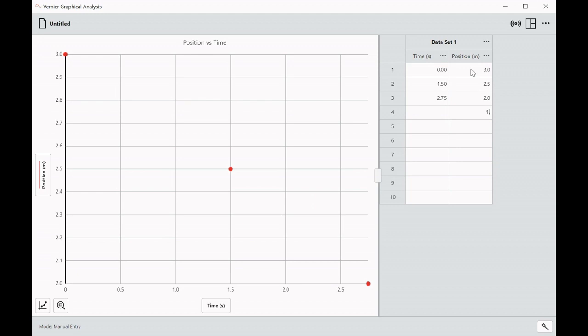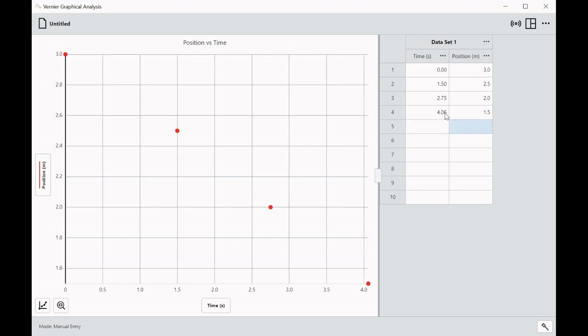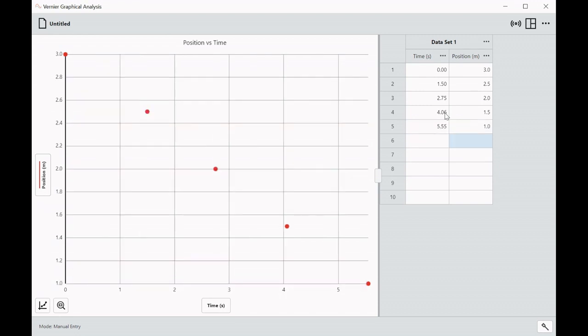Position 1.50 meters took 4.06 seconds to get there. Position 1.00 meters, how long did it take to get there? 5.55 seconds. And then at 0.5 meters, it took 6.75 seconds.